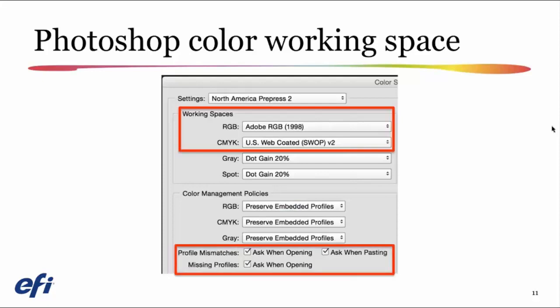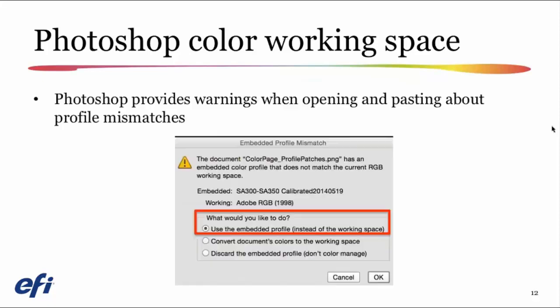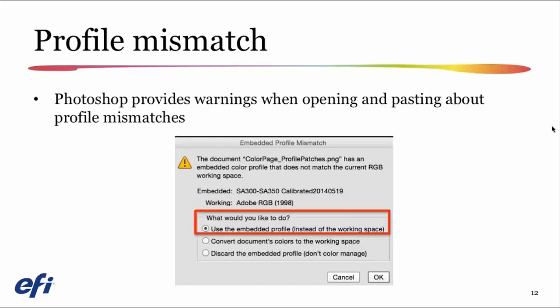Photoshop and the other applications in the Creative Suite also have policies about when profiles mismatch. So this has to do with when I'm working in a specified working space, such as Adobe RGB that we show here, and I go to open a document or paste from a document that's in a different color space. In this case, and you've probably seen this many times, you'll get a warning from Photoshop.